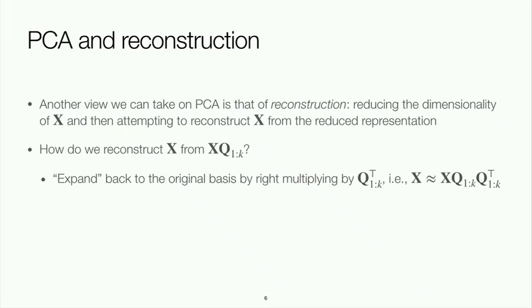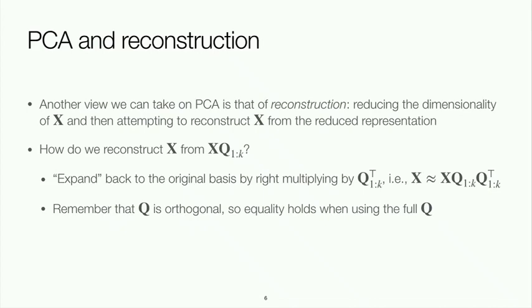So if I hit an n by k matrix with a k by d matrix, I'm going to get n by d. That's what the original data looks like. It's n data points in d dimensionality. You're losing some information here because q_1 through k transpose by definition can't be full rank, right? So you can't necessarily reconstruct your data perfectly, but it's the best that you can do in this particular case.